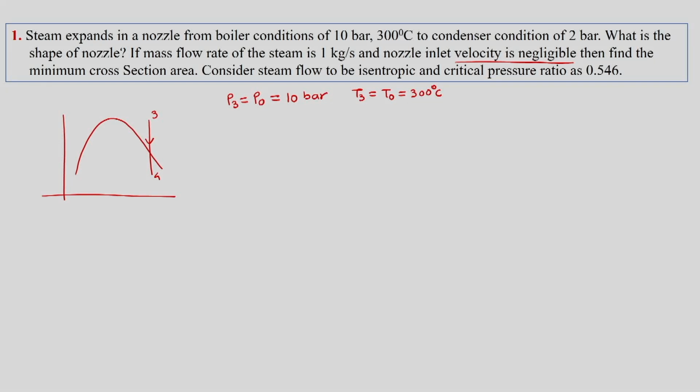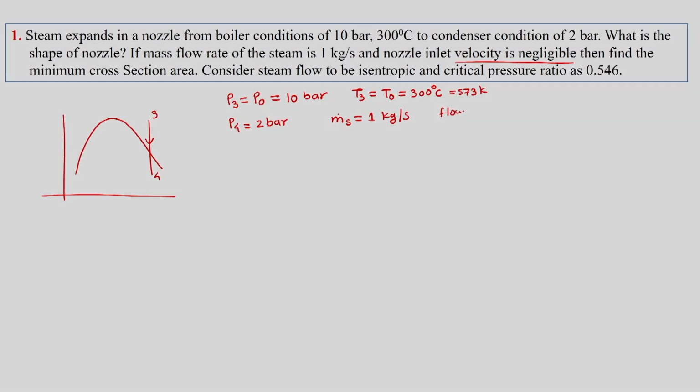So 300 plus 273 is 573 Kelvin. So it is given to us. Now we are also told that the condenser P4 is equal to 2 bar. We also know that m dot s, the mass flow rate of steam, is 1 kg per second.